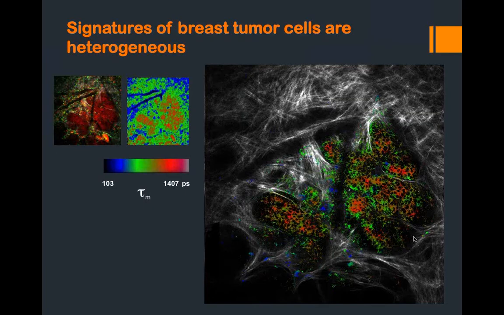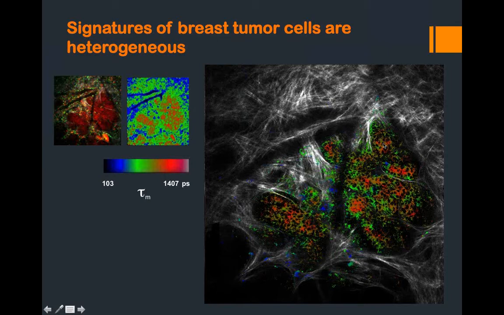What we are also interested in doing in the future is studying how collagen interacts with the tumor and how that can influence the local metabolism of the tumor itself. This is an image looking at just the brightest pixels of NADH, and what we can appreciate here is the heterogeneity inside of the tumor itself, of the lifetime of the tumor.